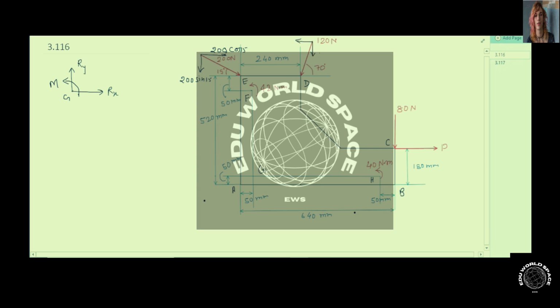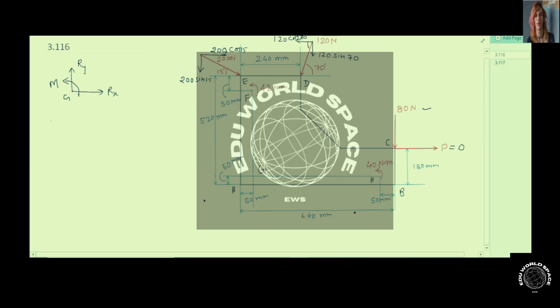As this angle is 70 degrees, this angle will also be 70 degrees, so this will be 120 cos 70 and this will be 120 sin 70. These forces are already in the vertical direction, so we do not need to resolve them, and the horizontal component in this problem is given to be 0.